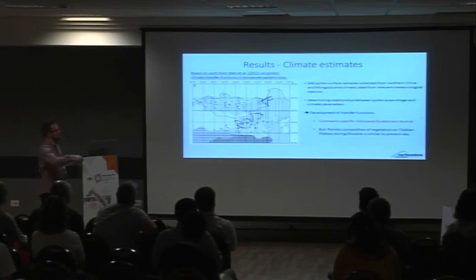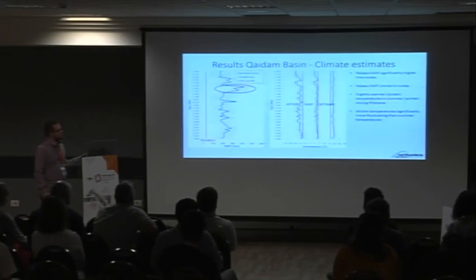Now, our samples are located a bit more to the west, around here, so there might be a very tiny bias to the west, to the east, sorry. The transfer functions are usually used for Holocene or Quaternary records, but because we have a quite similar floristic composition on the Tibetan Plateau nowadays and in the Pliocene, we try to use this approach for both of our records.